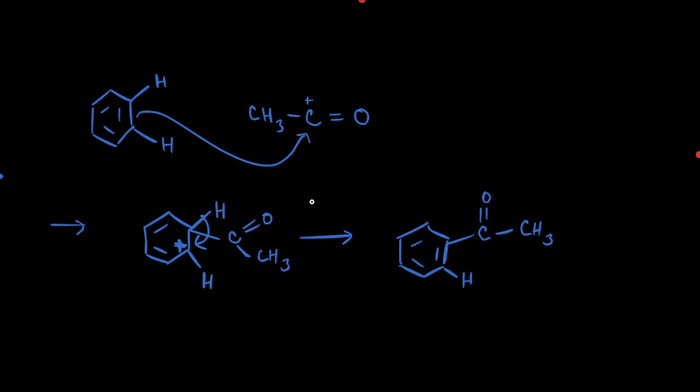So the thing that was missing here is that we need to include a base. So we have some base here, right? With its electrons it is going to attack our hydrogen, which then allows the electrons in this bond to collapse onto the positively charged carbon, forming this product here.